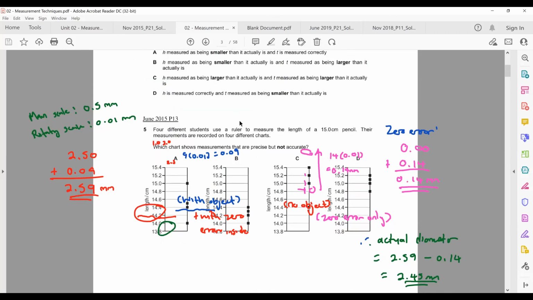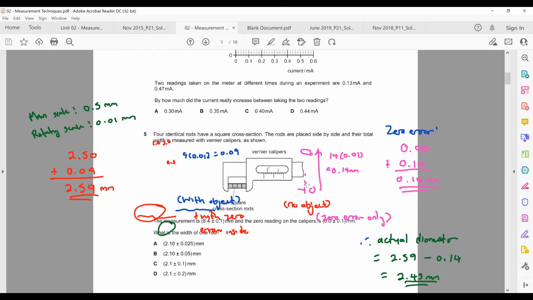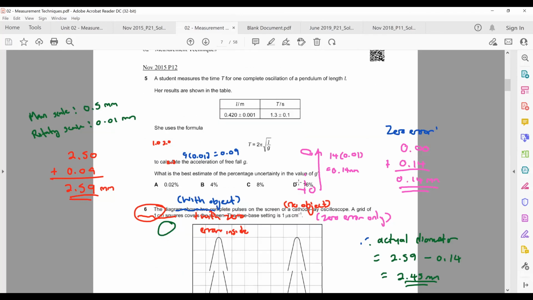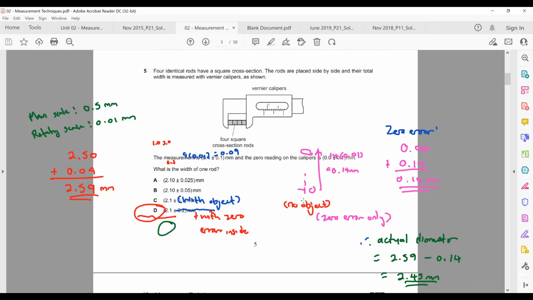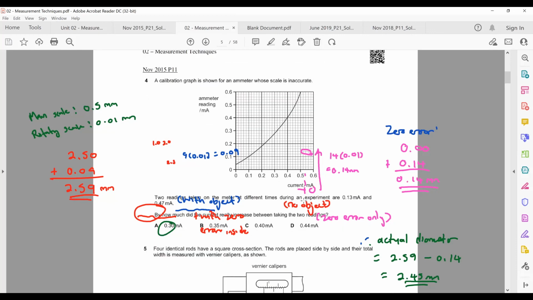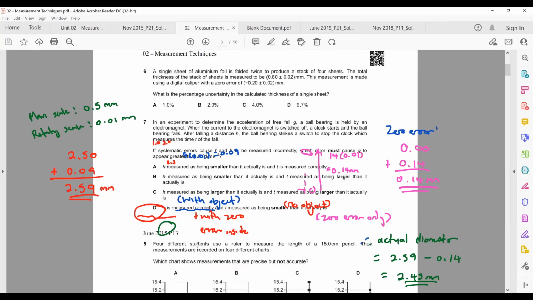Okay, wait. Am I looking at the correct question? CRO was written as page 4. I think it's page 5, question 4.